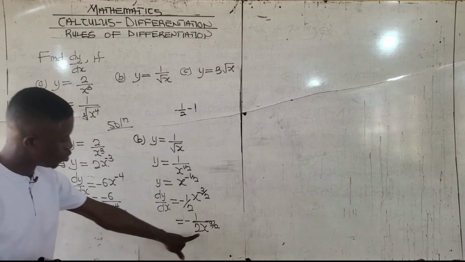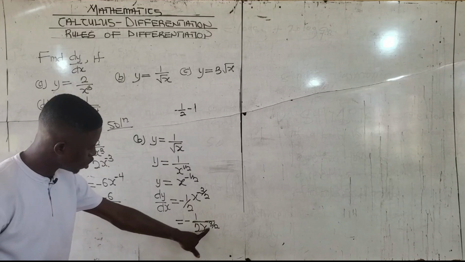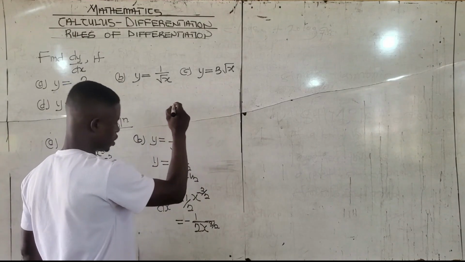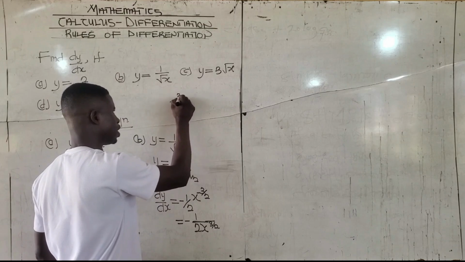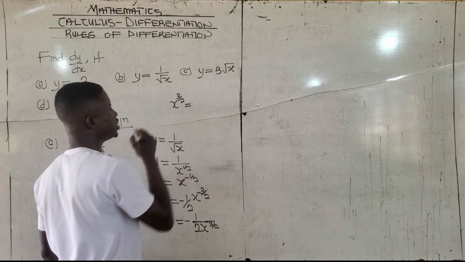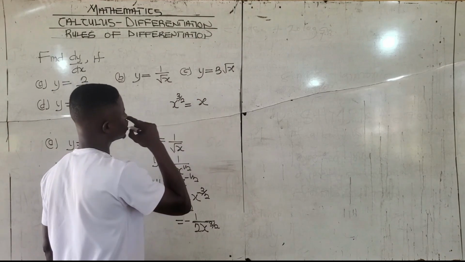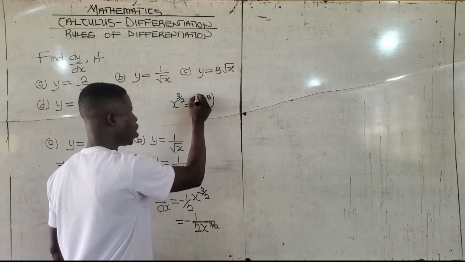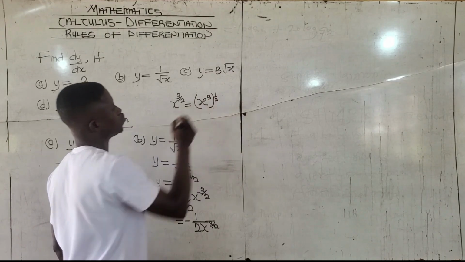Okay? Now, 2x to the power 3 on 2 is the same as x to the power 3, then to the power 1 on 2.